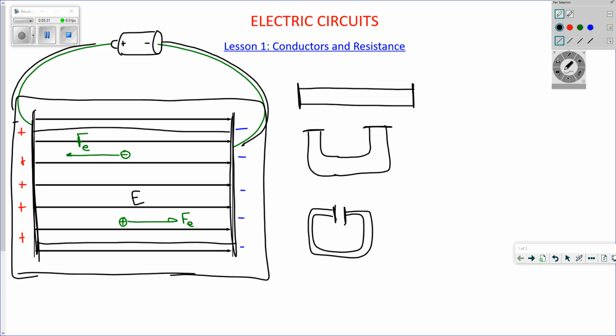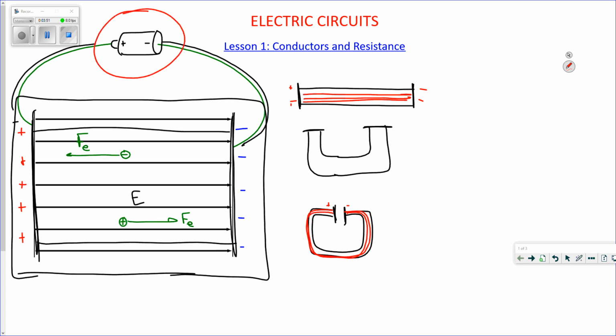And look, the field that was going like this between our positive and our negative plate can now be made to point through that wire, where this is our positive terminal and that's our negative terminal. And it's kind of just like that.